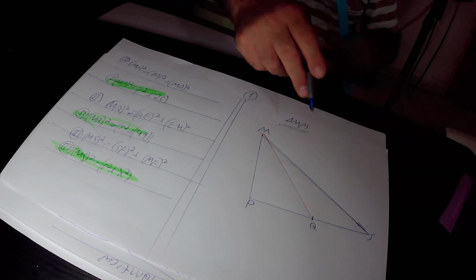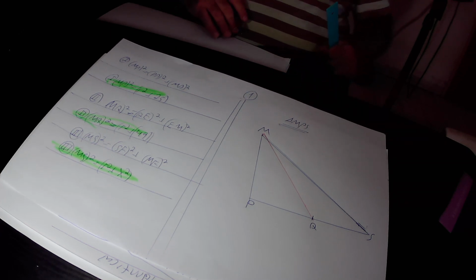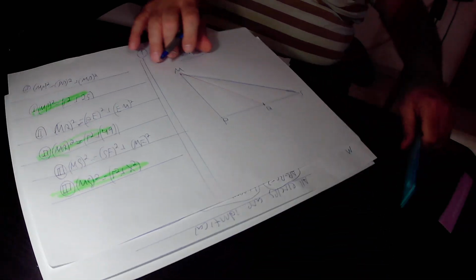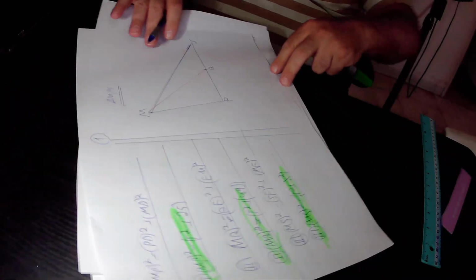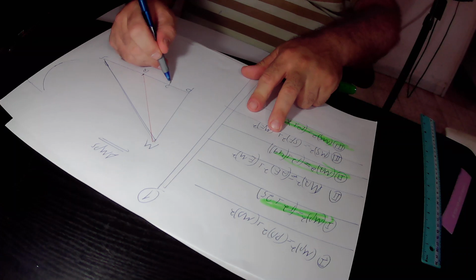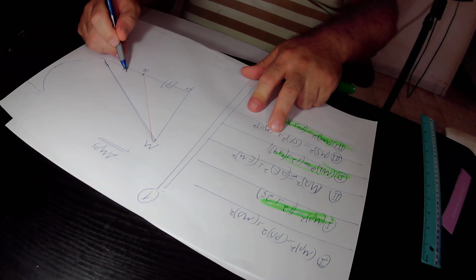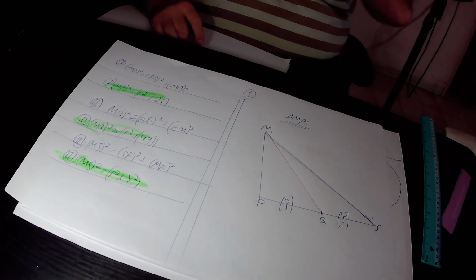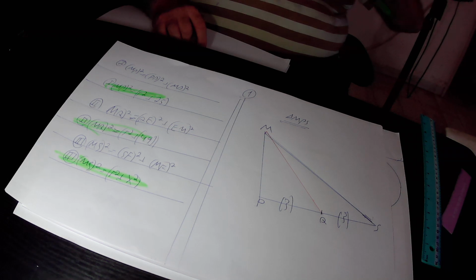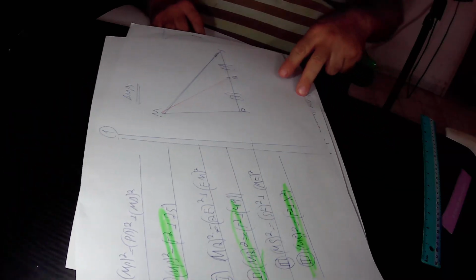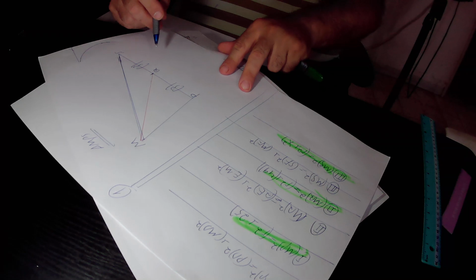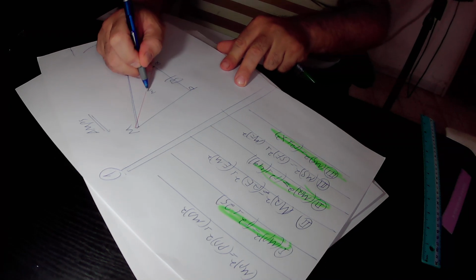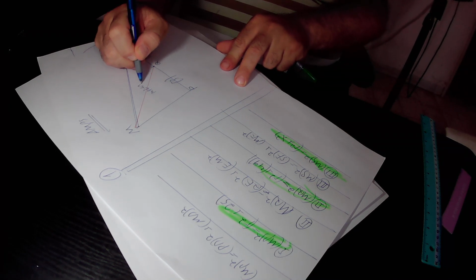So actually, this is the big triangle MPS that I copied from the original drawing. Line segment MQ is the median of this triangle MPS. So write it down.